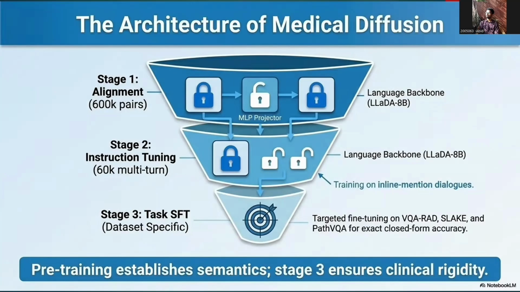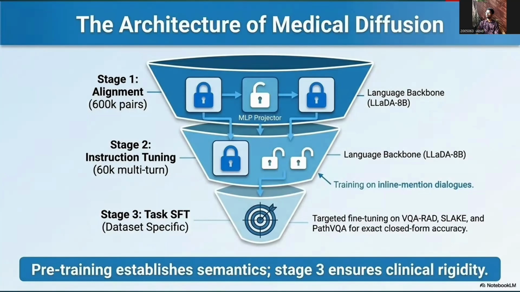So, how is this model actually built? The architecture relies on a three-stage training pipeline. Stage one is alignment, trained on about 600,000 image-text pairs using the LLaDA 8B language backbone to establish the basic semantics.